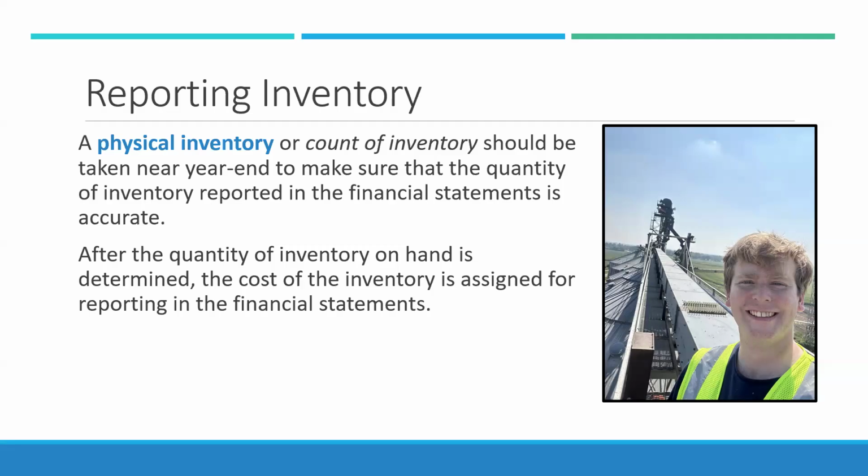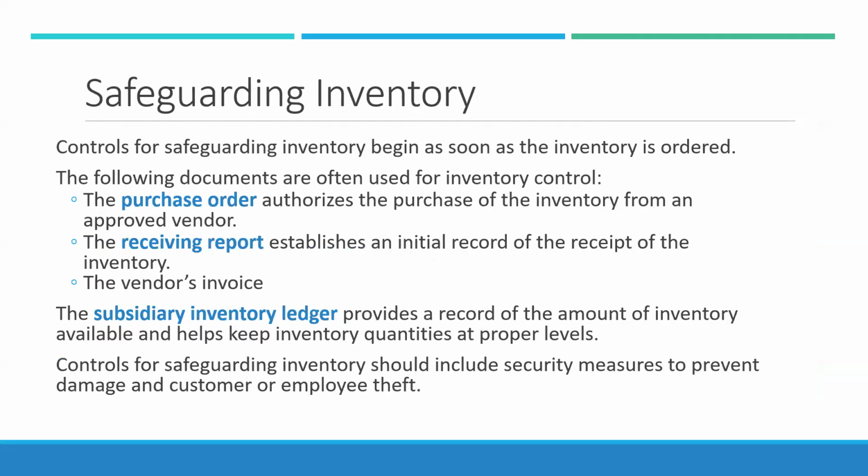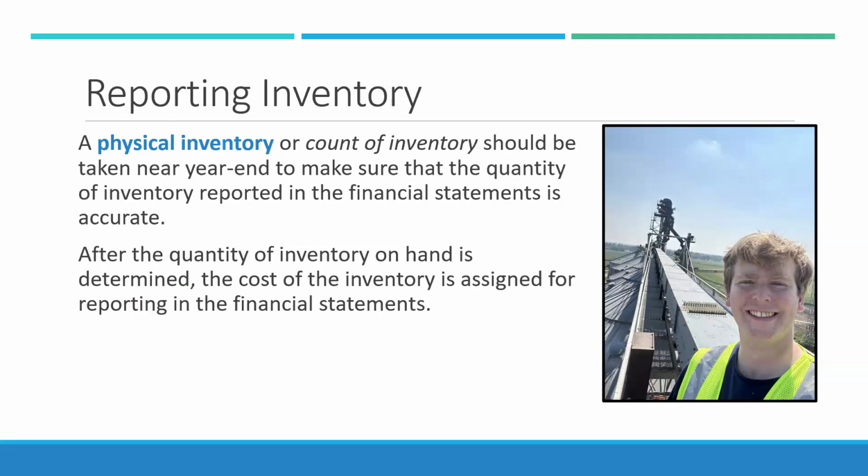But it's important, right? It's important to have controls over inventory because I've also been to inventory counts. Maybe grain isn't a very good example, but like chemicals. There's all sorts of different types of chemicals. They're all in these little containers, and you're supposed to have like 5 of this, 100 of this, 200 of this other one.